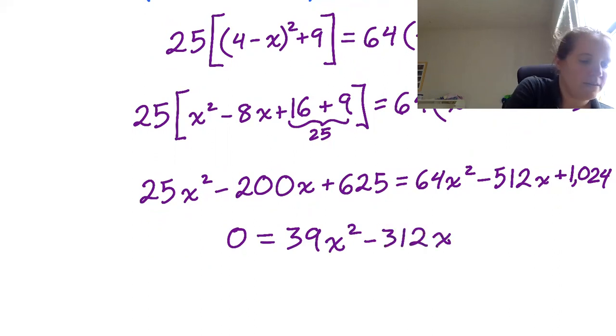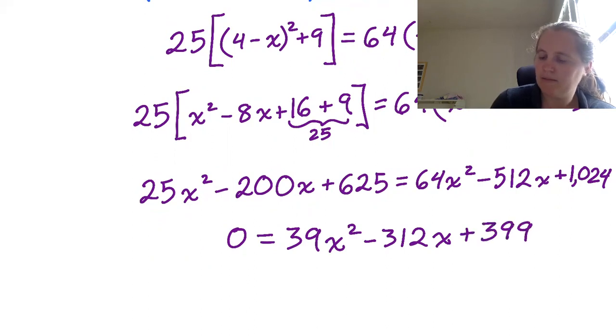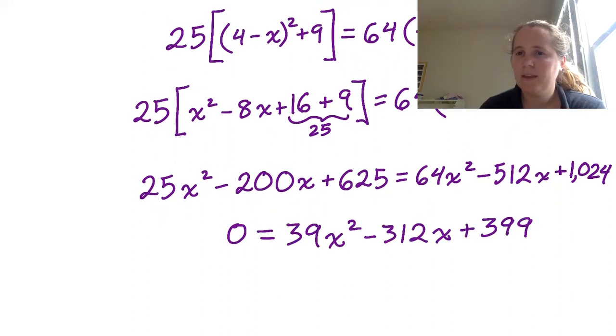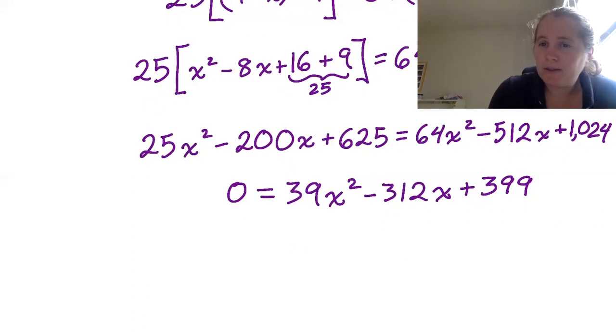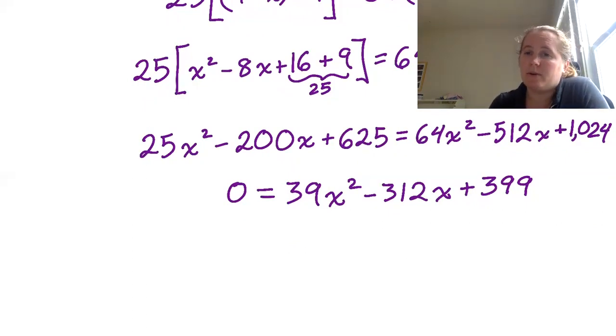And then 1024 minus 625 is 399. So plus 399. This is not getting pleasant numbers. I'm not about to try to factor this. We might as well do our quadratic formula.